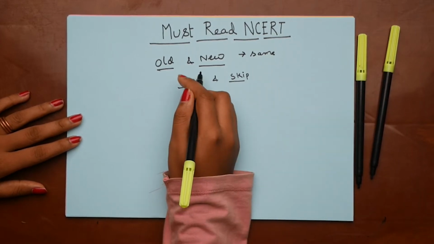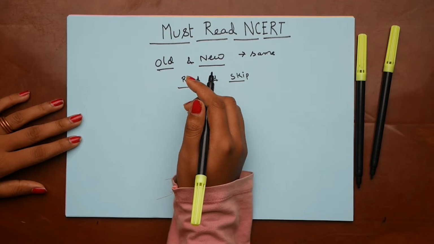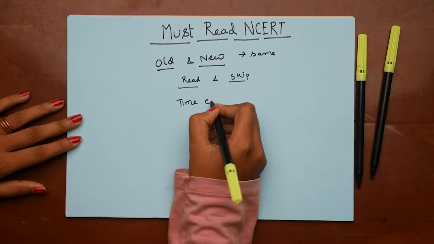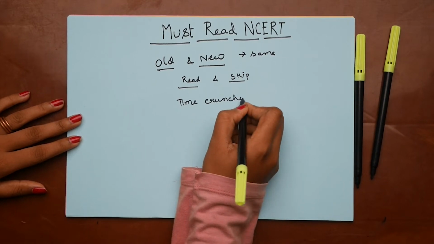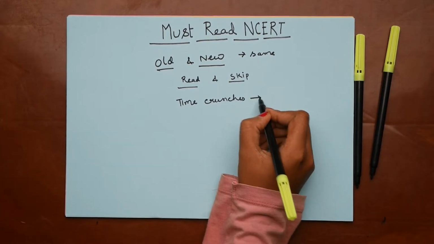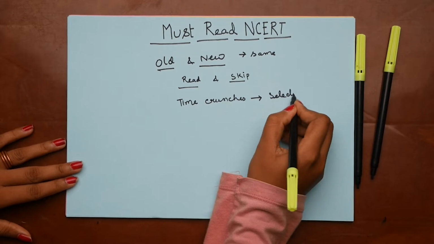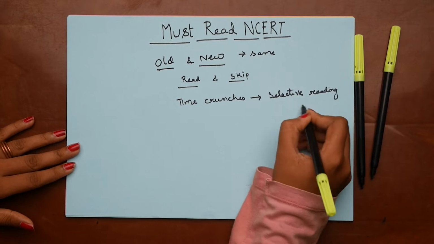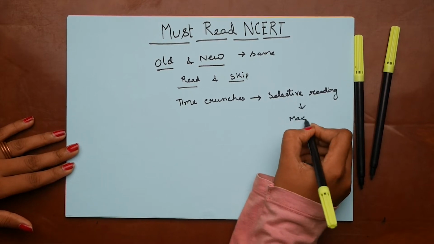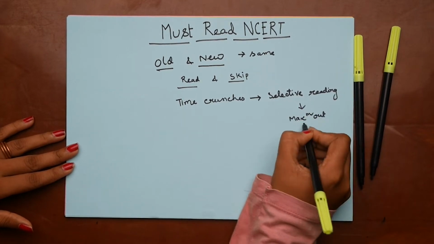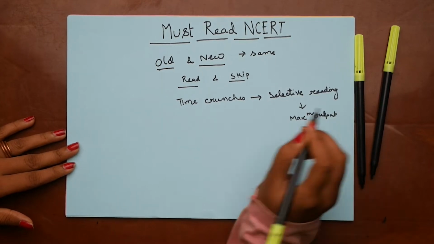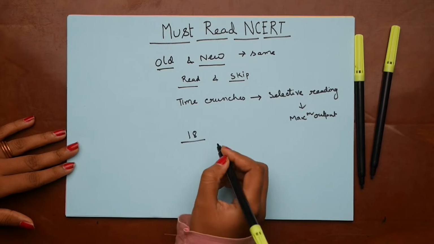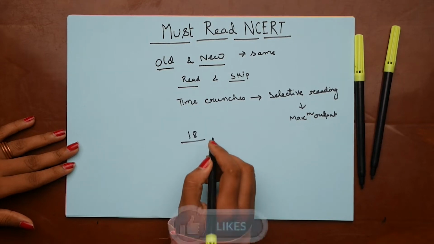Because most of us have very limited time, we have time crunches. So we have to do very selective reading to get the maximum output, right? We have a total of 18 important NCERT books that we must read.